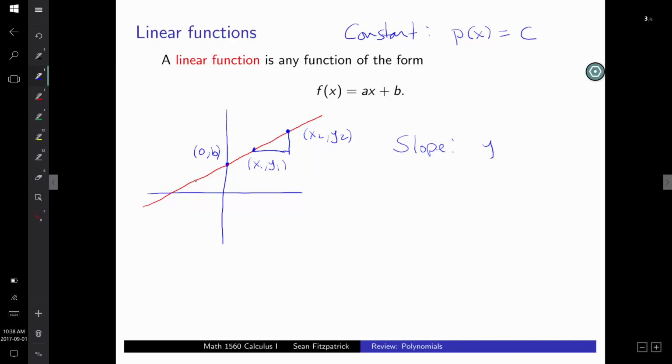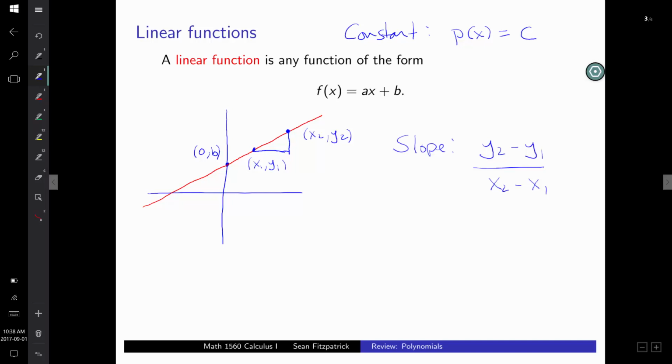So it's given by y2 minus y1 over x2 minus x1. And what sets linear functions apart from all other functions is that this ratio is going to be the same no matter which 2 points you choose. Right? So this ratio, this rise over run, change in y over change in x, it's always going to be the same.